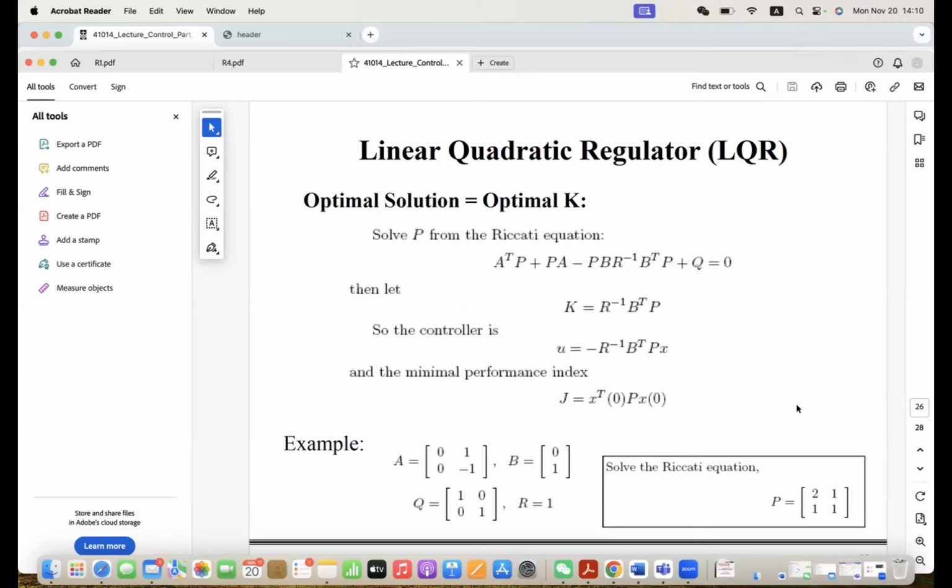So if we were asked to solve the Riccati equation, it takes some time, doesn't it? I think we can solve it in MATLAB using LQR. That's right, Shenu. If it is a long answer question, which means it is a calculation, then you can use MATLAB to help you.